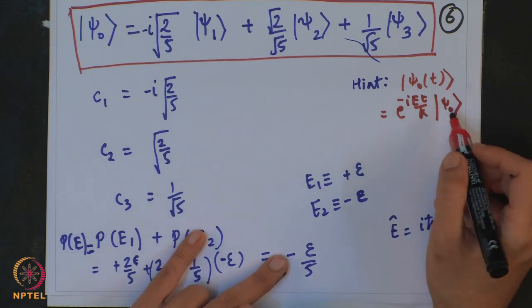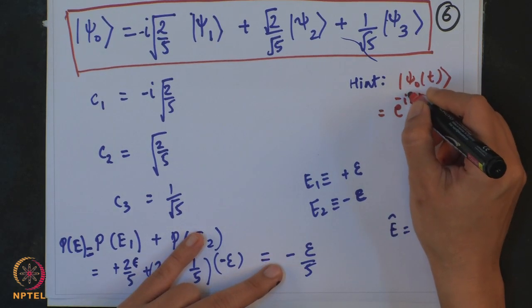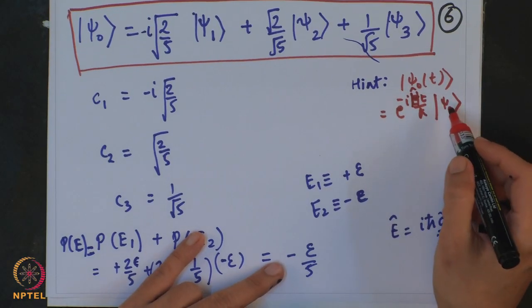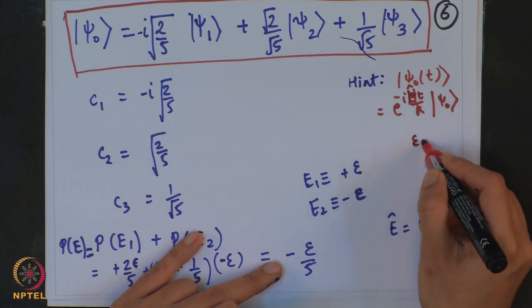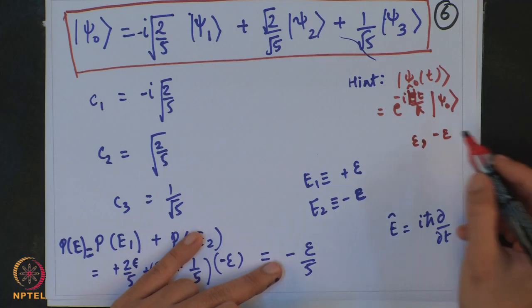Okay. So, you will write the expectation value. Here you will put the Hamiltonian operator, and when you operate it on the state you will get either E1 or E2, either epsilon or minus epsilon, and then you can easily calculate the energy eigenvalue.